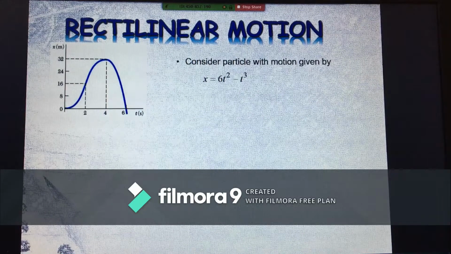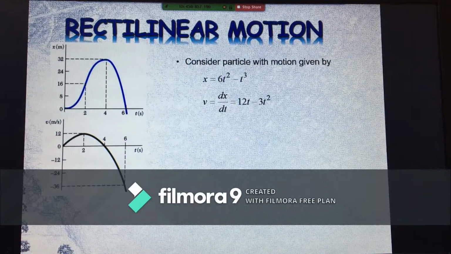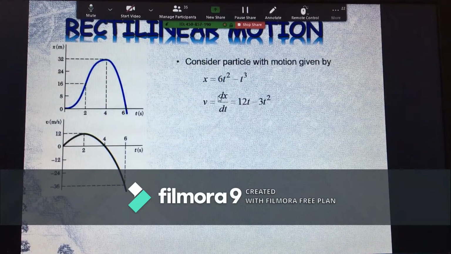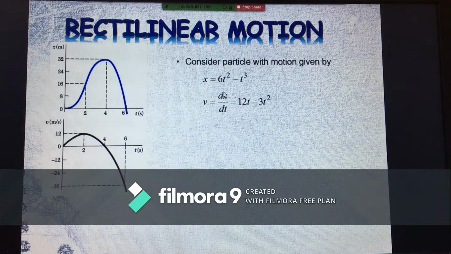Now if you find the velocity, okay, so the velocity as discussed a while ago. So, derivative of this, 12t. Derivative of this, 3t squared. So, when you graph the velocity with respect to time, so, we have here the velocity with respect to time.